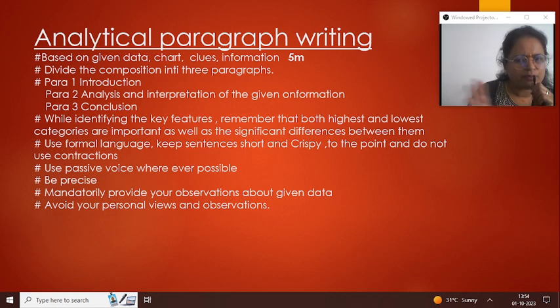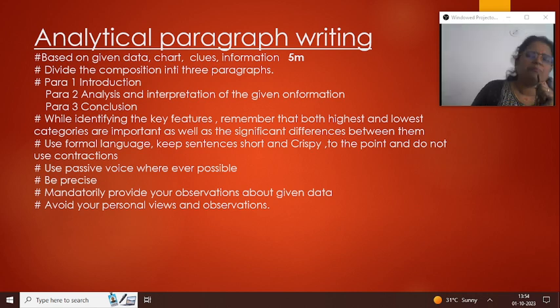Whatever you are telling, that should be to the point. Use passive voice wherever possible, because passive voice sentences emphasize and make your writing more impressive. It is not an easy task to write in the passive format, so if you do, it will definitely make an impact on the reader.